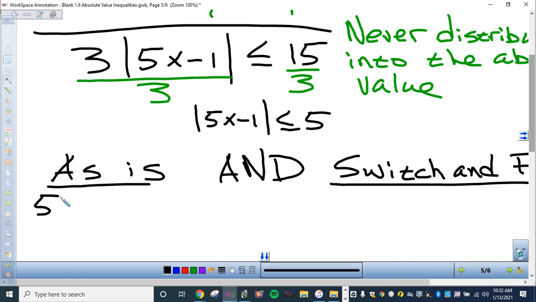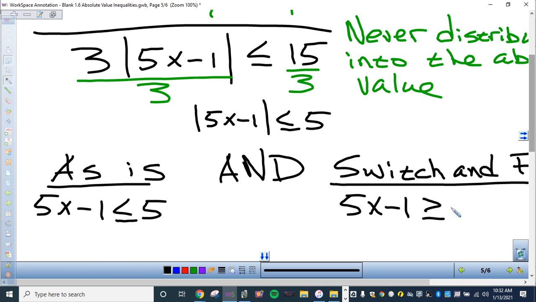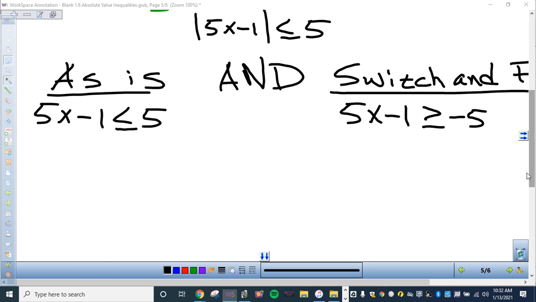So we get 5x minus 1 less than or equal to 5, and 5x minus 1 greater than or equal to negative 5. So we get fractions all over the place here. It's all good. So we're going to add 1 to both sides.